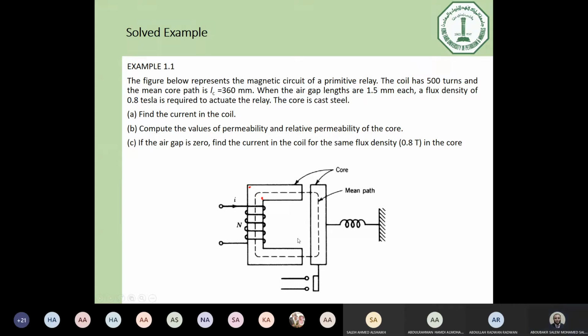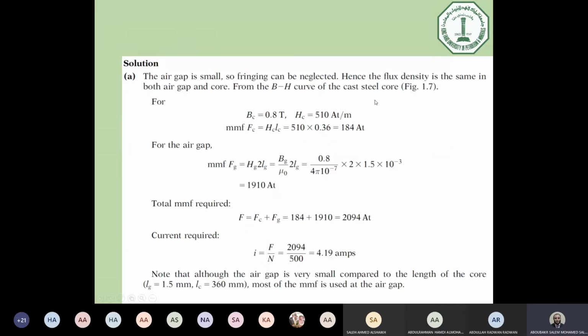and we discussed together that the amount of MMF consumed in the air gap is very high and depends on the length of the air gap. So if we have high length air gap, you will consume a lot of current. If you have a small length air gap, you will consume a small value of current. For instance, we started here at 1.5 millimeter, and the current calculated here was 4.19 amps.